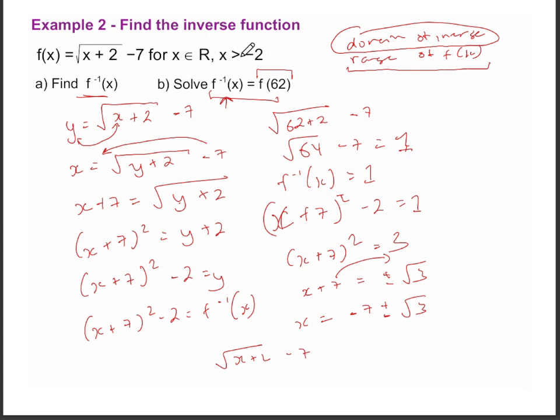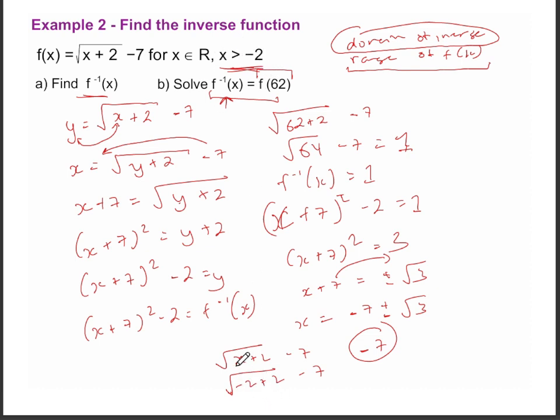Now, the smallest value of x it can take up is negative 2. And so we can put in negative 2 plus 2 minus 7. We get square root of 0 minus 7, which is just negative 7. It won't quite reach this value because it never reaches negative 2. But you can say that the limit is negative 7. And after that, obviously, x increases from negative 2.